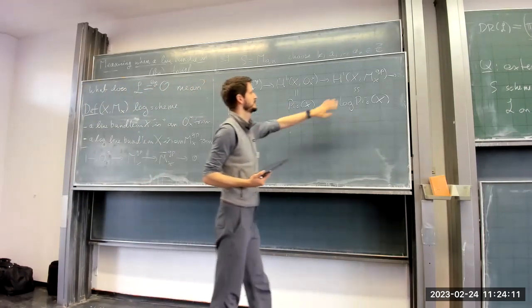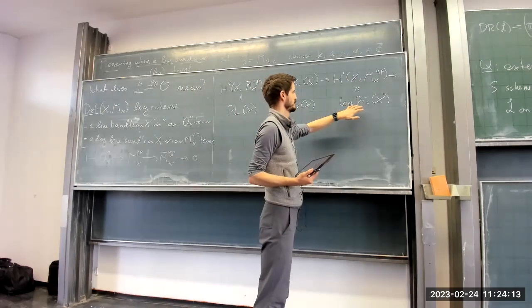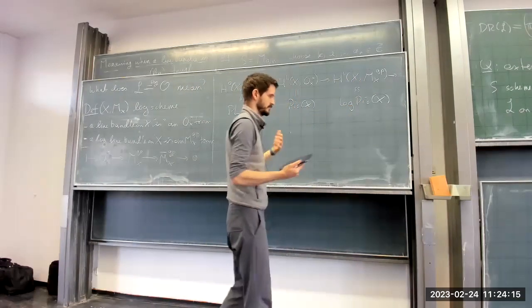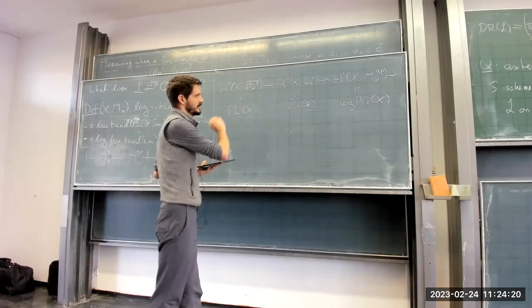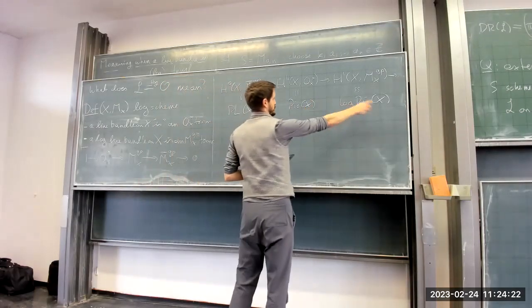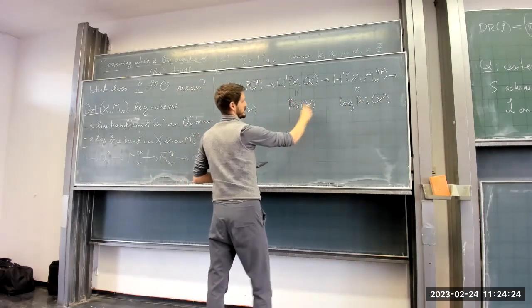The right-hand one is a subtle game of exactly what's the right way to define log Pic in general. There's this whole question about bounded monodromy and so on. But we're not too concerned about exactly what should count as log Pic. We're really interested in what is the kernel of the map here.